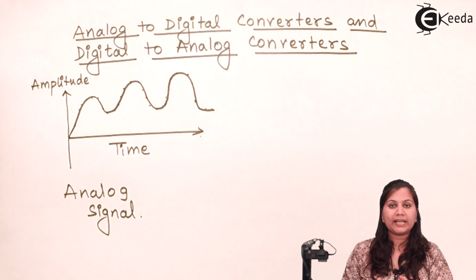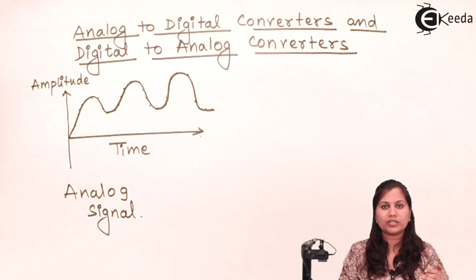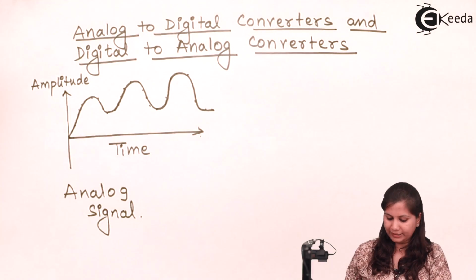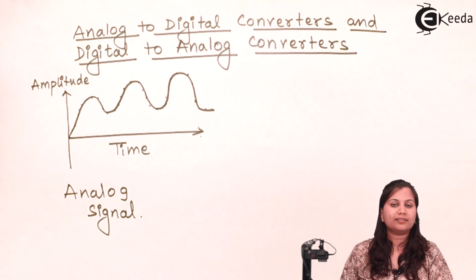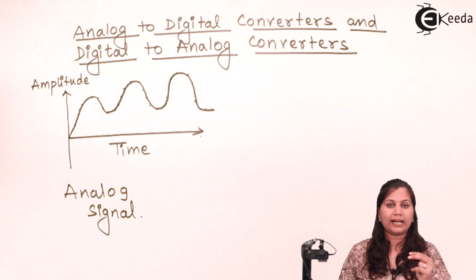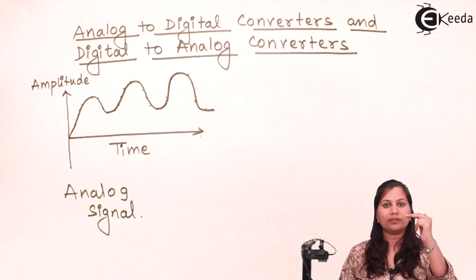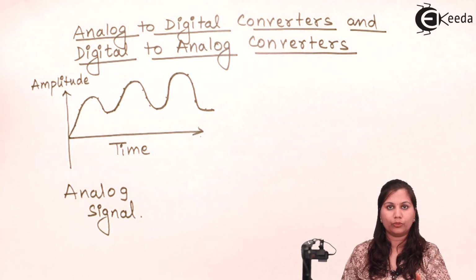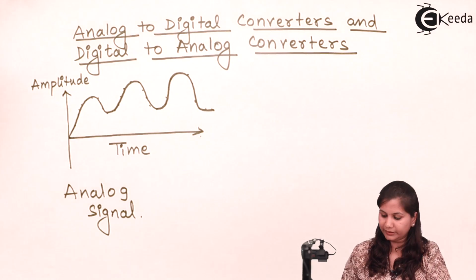But nowadays the instruments and equipment we use, and the technologies, are based on digital signals. A digital signal has only two values: either 0 or 1.